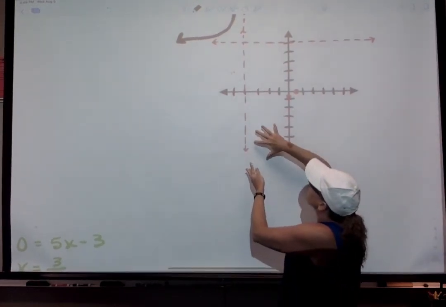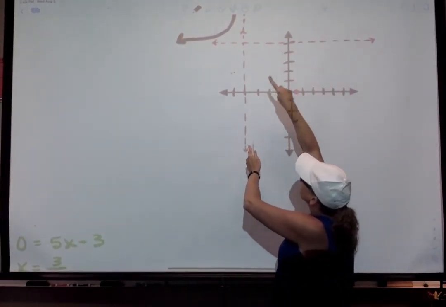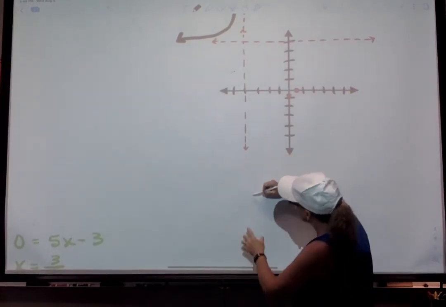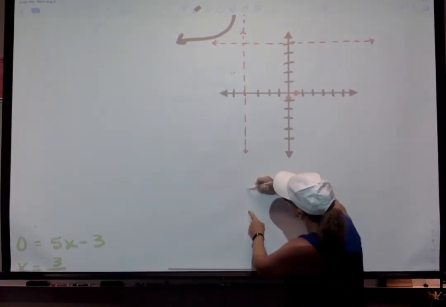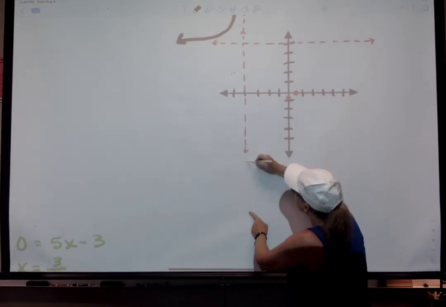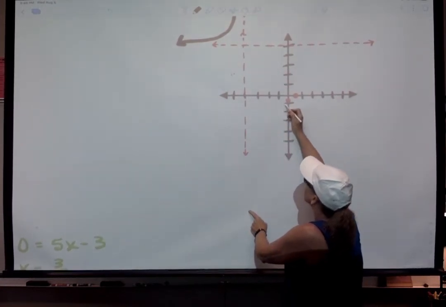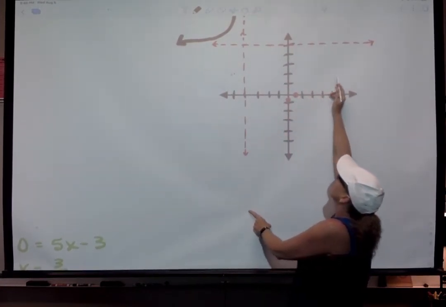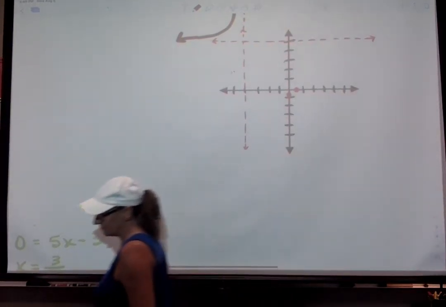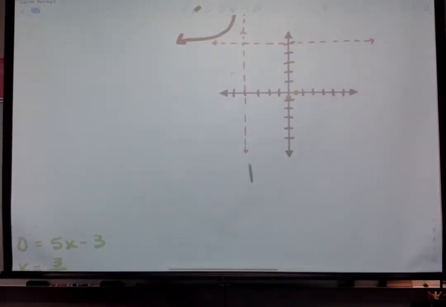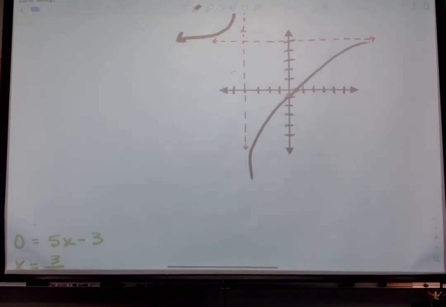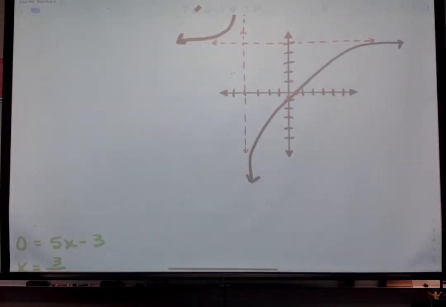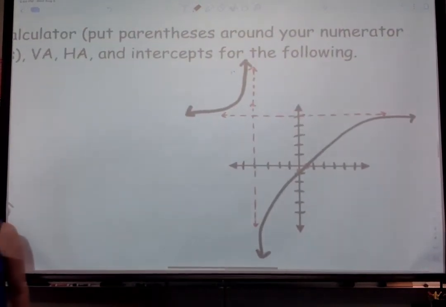I'm talking about the ones bounded by my asymptotes. I'm going to come up near this one, hit that intercept, and head up toward that one. Hit it, head up toward that one. That's what the graph looks like.